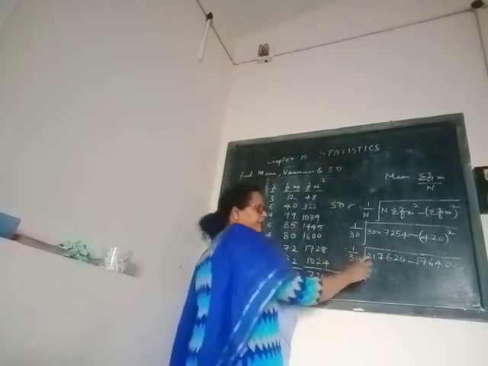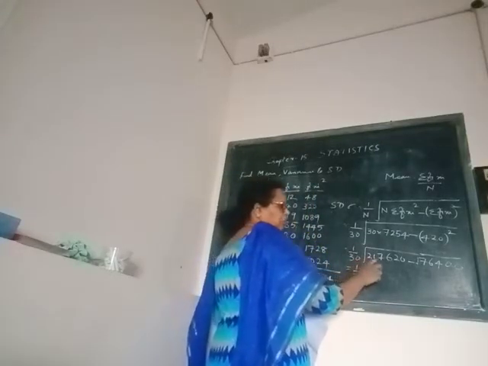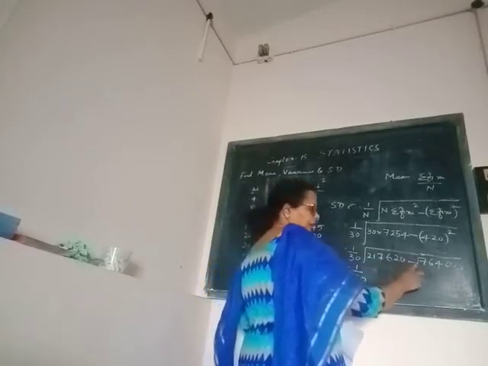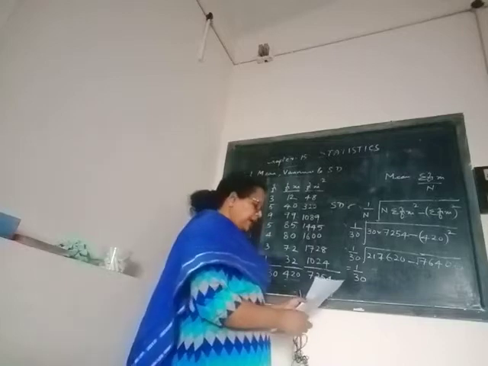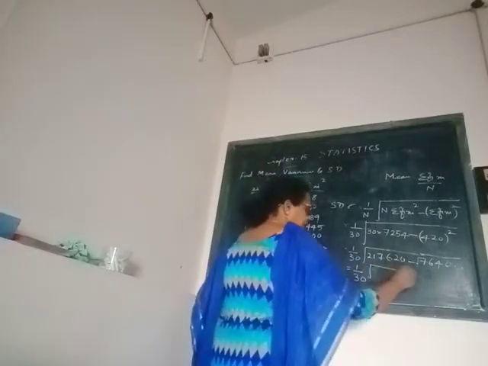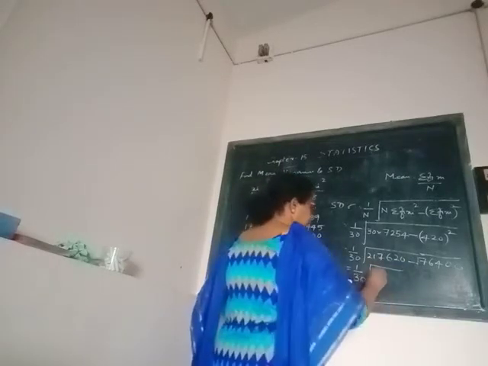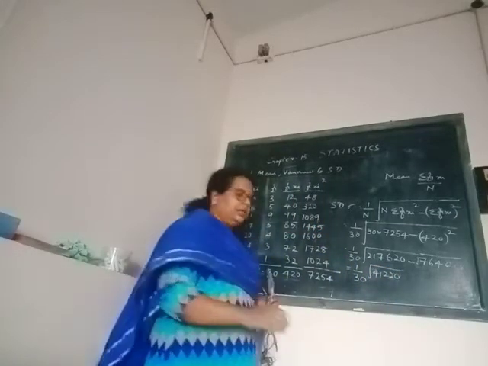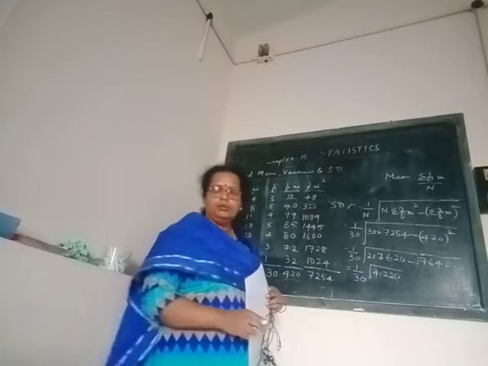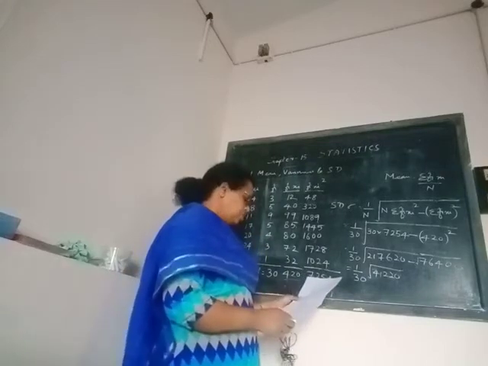Then how to do the calculation? Then you subtract 217620 minus 176400. When you subtract, you will get root of 41220.